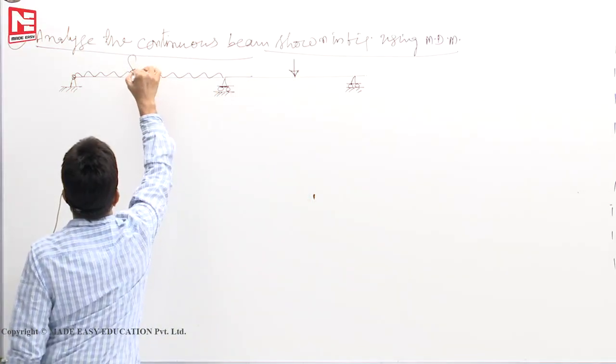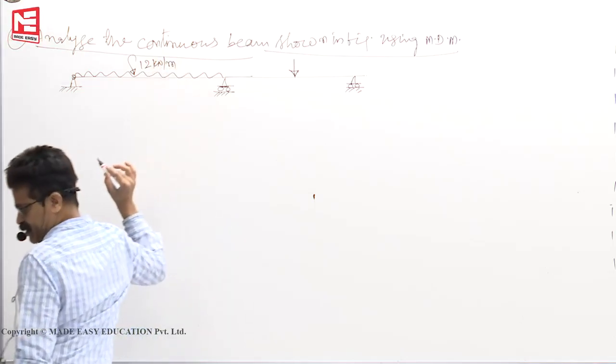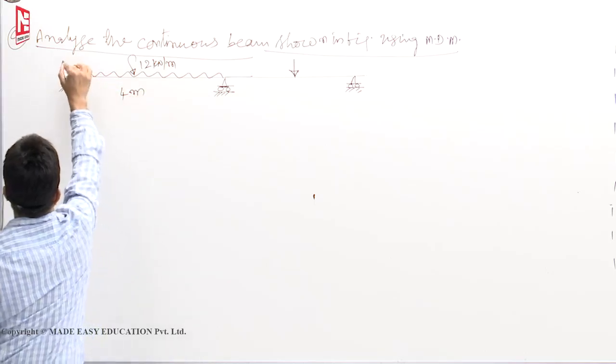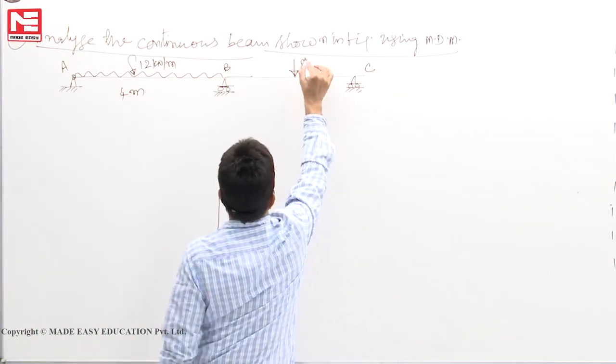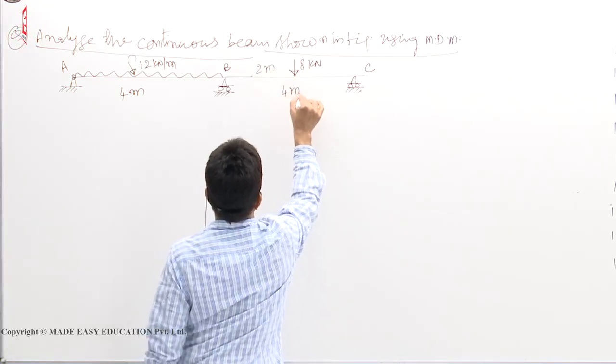This UDL, let us say, is 12 kilonewtons per meter, span is say 4 meters, A, B, C. This load, let us say 8 kilonewton, this is 2 meters, 4 meters, I.